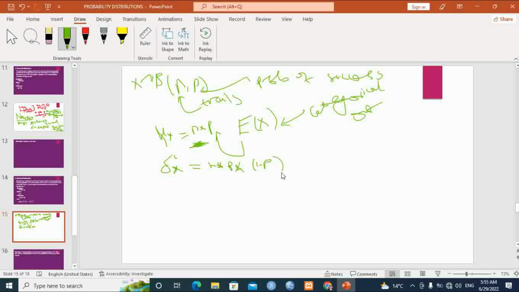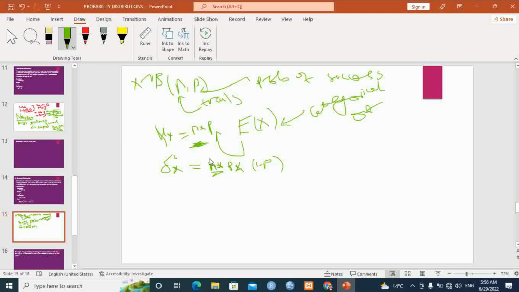So you can see that binomial is just an extension of Bernoulli, because under Bernoulli we said the mean is p, but here we are saying the mean is n times p. Under Bernoulli, again, we said the variance is p times 1 minus p, and in this case we are multiplying it by n.